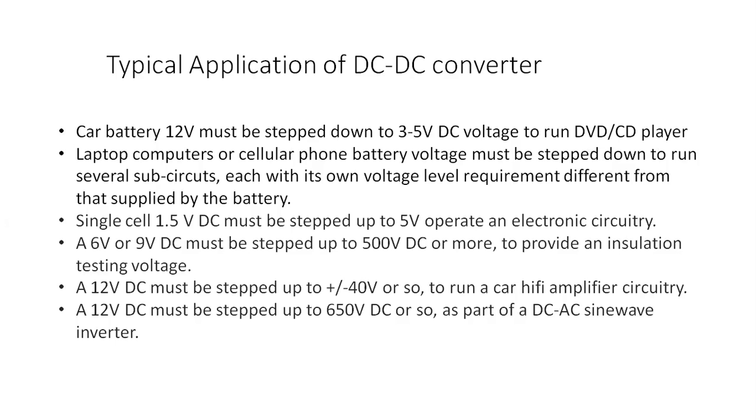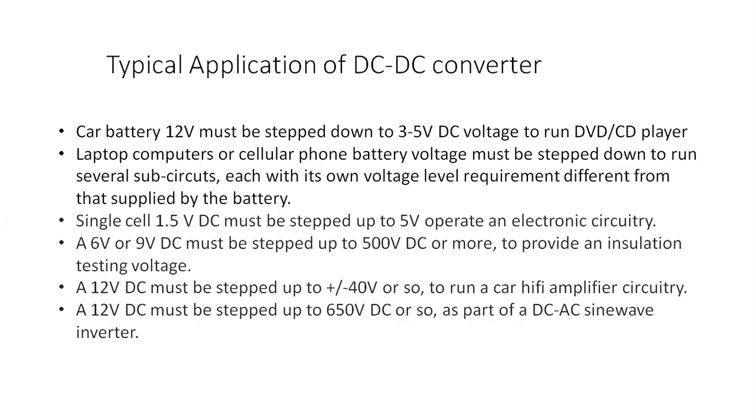So here, if we are using these devices, we can say the battery voltage must be stepped down to run several sub-circuits, each with its own voltage level requirement different from that supplied by the battery. It means what? As per our requirement, we can step down the voltage from the given supplied voltage.